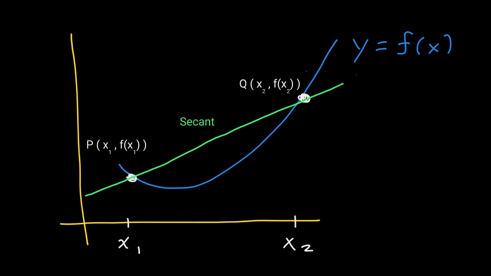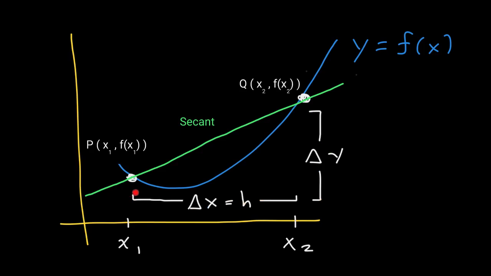Now this is really important. Let me update my picture, because what I want to show you is this distance here from x sub 1 to x sub 2. That is what we're calling h, or delta x. And then this vertical distance is what we're going to call delta y. Let me label my picture as such. So here we have it.